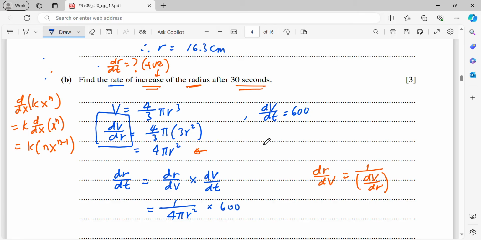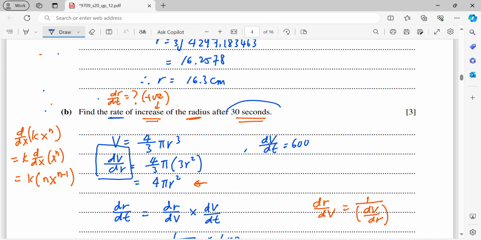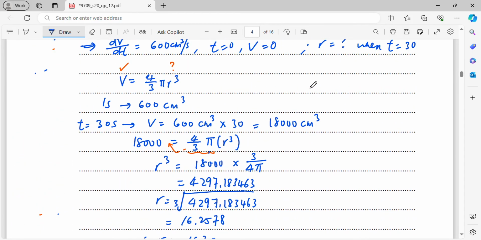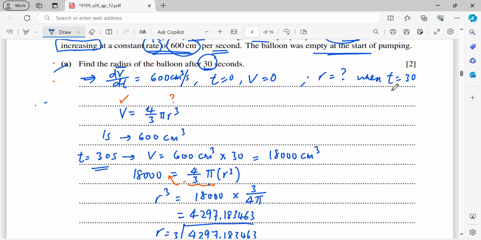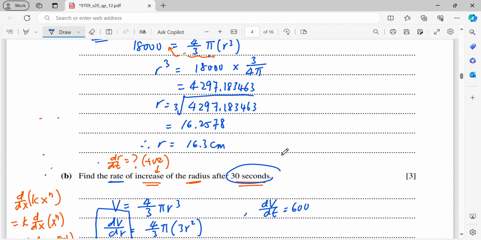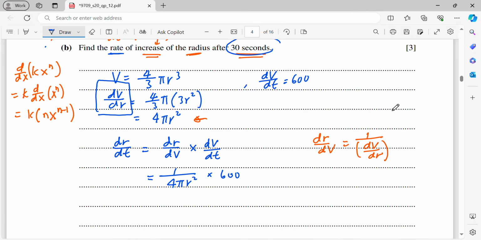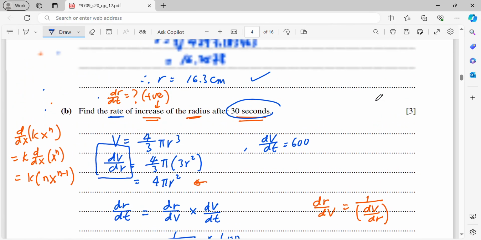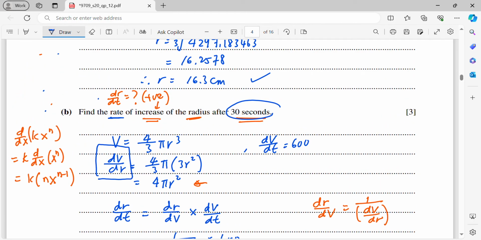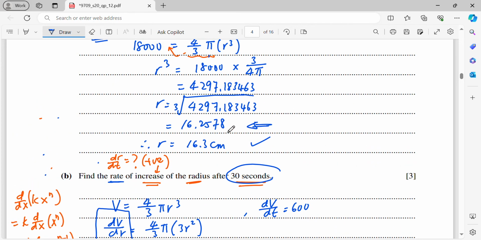Okay, and now we know that after 30 seconds, your r is found to be 16.3. So now here I will just replace the value by 16.3. But for the accurate calculation, I will refer to the previous value, which has more decimal places or more significant figures.